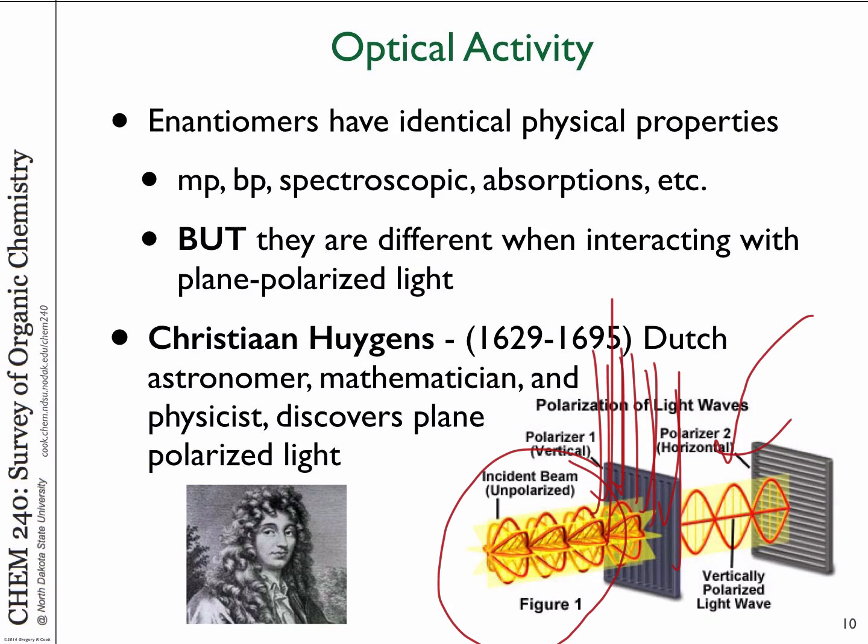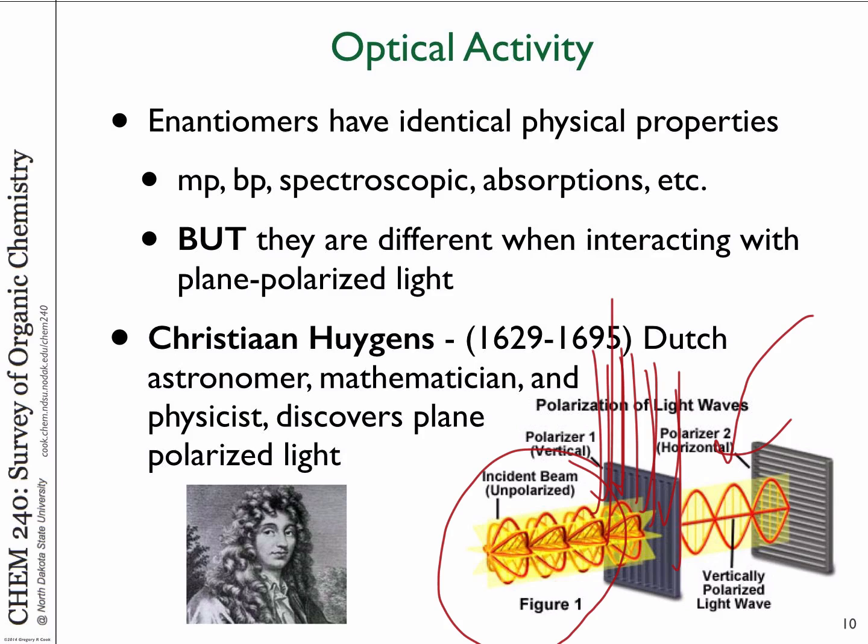So when chemists started taking molecules without really understanding what we know today of structure and the atoms, and testing them with all kinds of different tests, they boil it, they melt it, they burn it, they do this, they do that. They looked at how light passes through it as well.